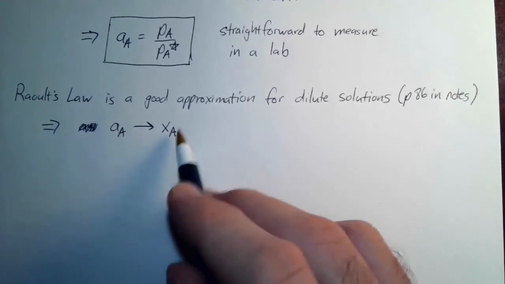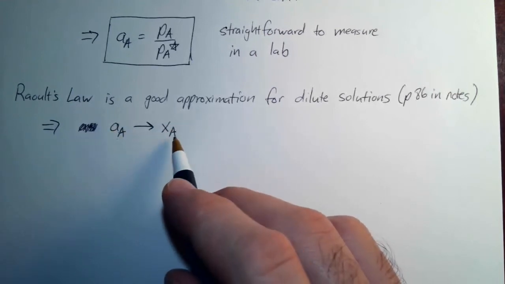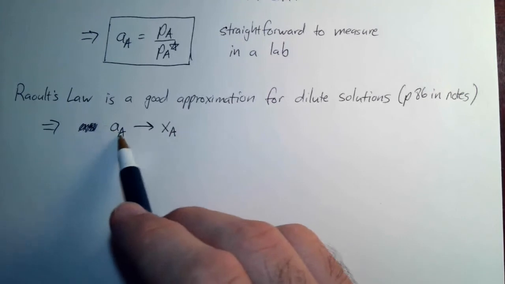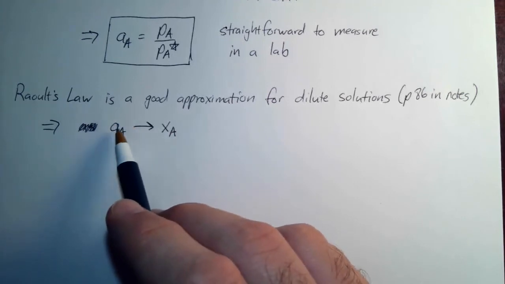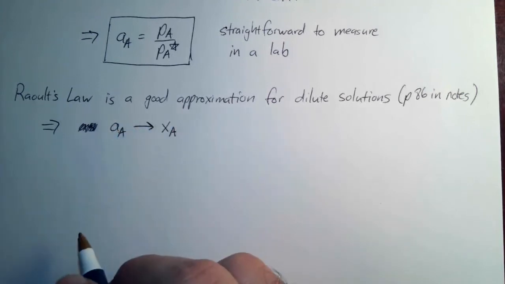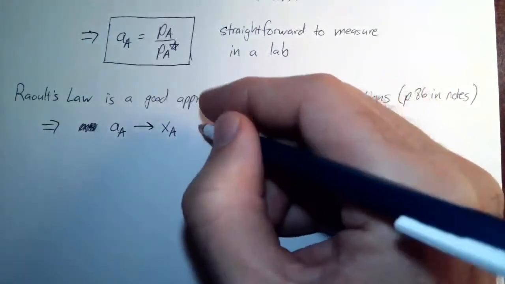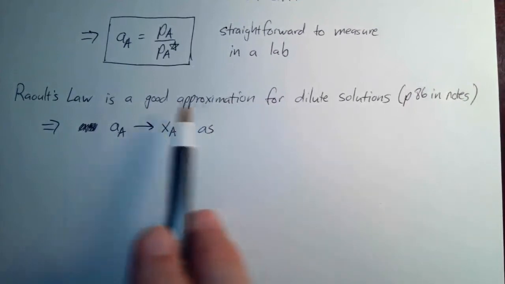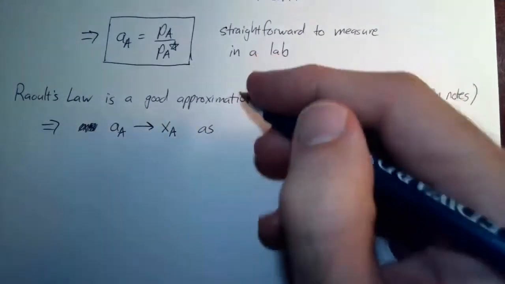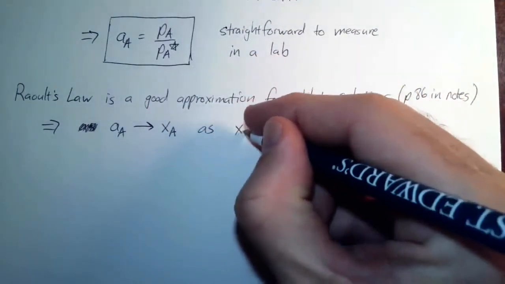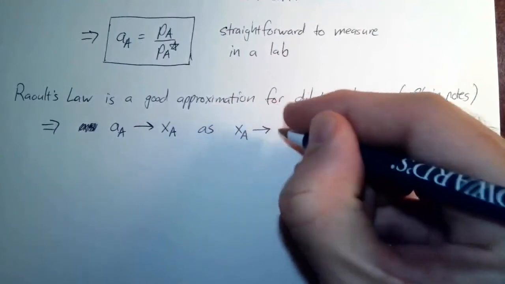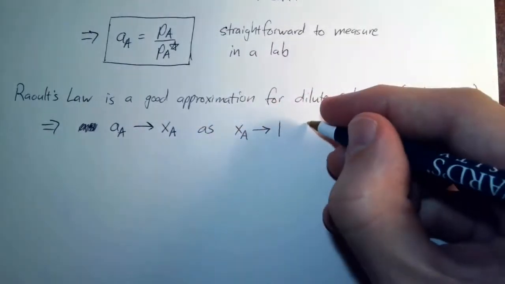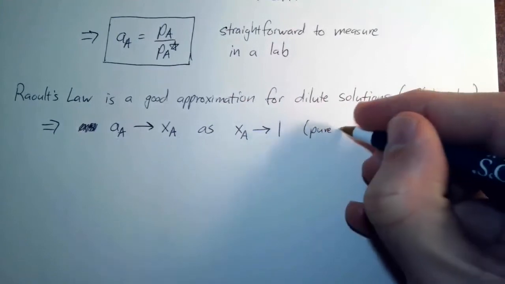Remember, the activity was replacing the mole fraction, where XA was for the ideal case, and A is for the real case. So A does approach the mole fraction as our solution gets more dilute. Okay, so as it gets more dilute, that means that XA is approaching 1, where 1 is pure solvent.